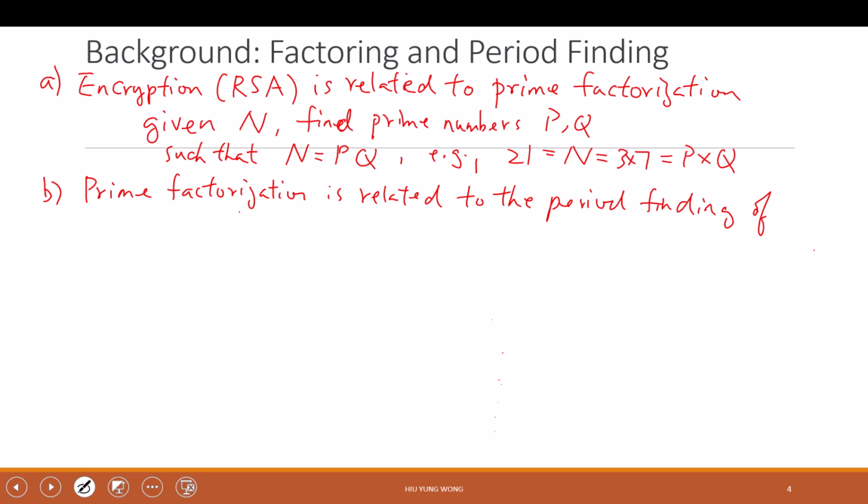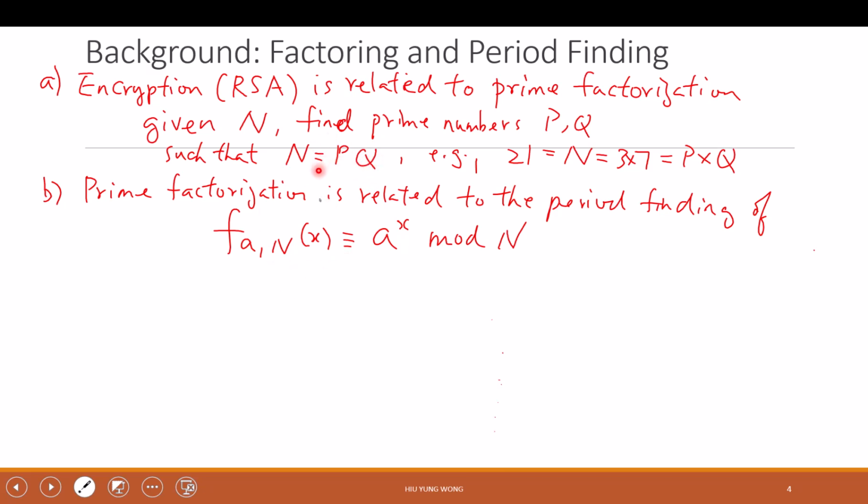A little bit complicated. F subscript a,N of x, which is a to the power x modulus N. Very complicated, but you do see that it has the capital N. So basically, if you can find the period of this function, you will be able to factorize N very fast also.